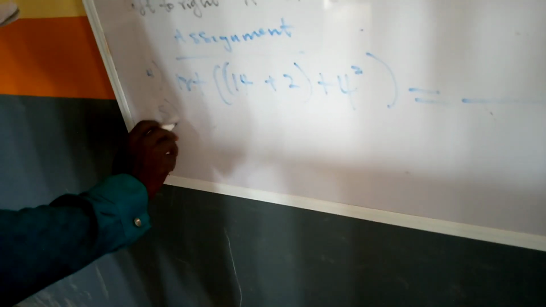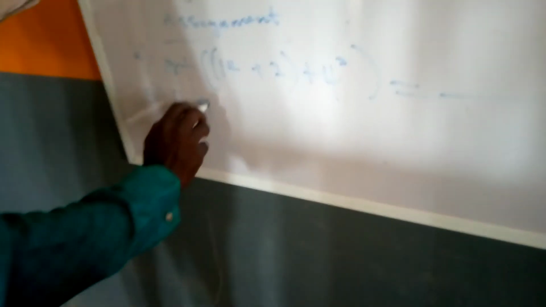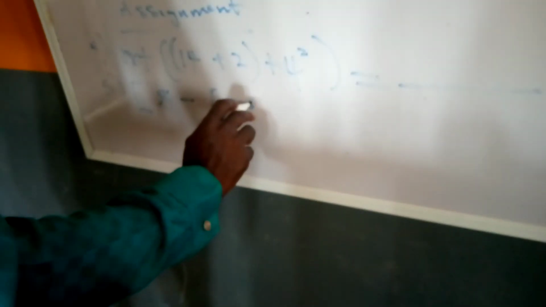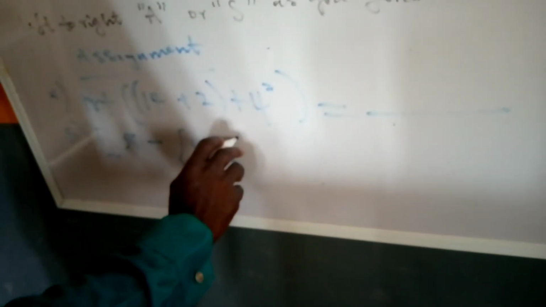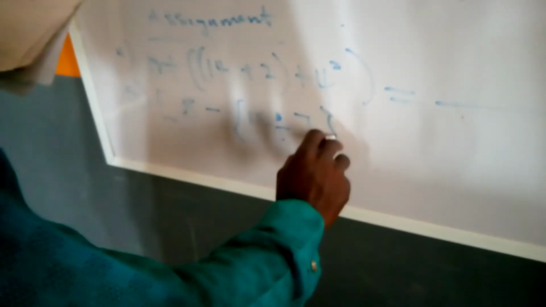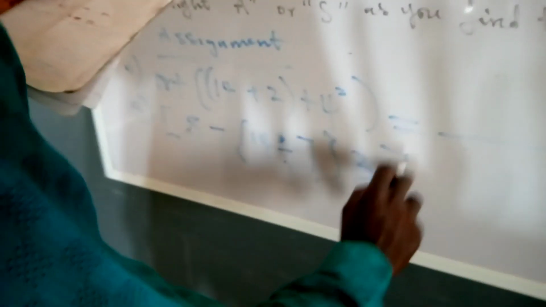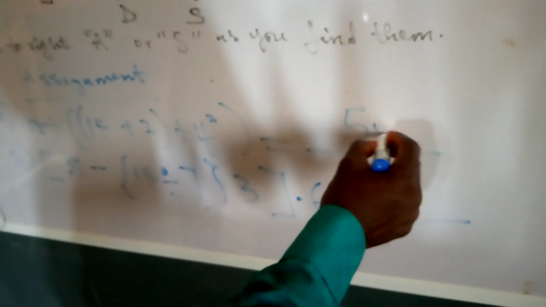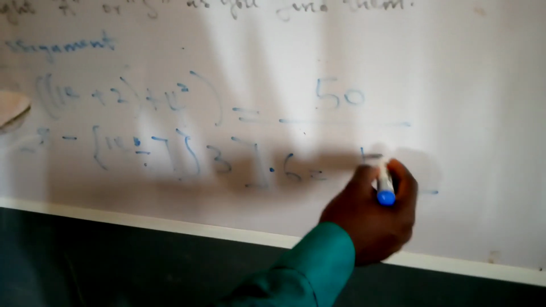Then number 5, we have 8 minus parentheses 14 divided by 7 divided by 7. You just try this at home, then times 6 equals dash. Now when you try this at home, the answer for this, you're going to get 50. And the answer for this is going to be 12.